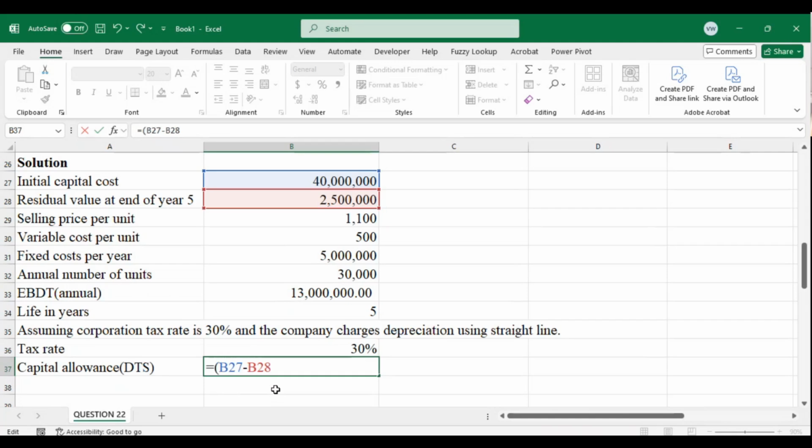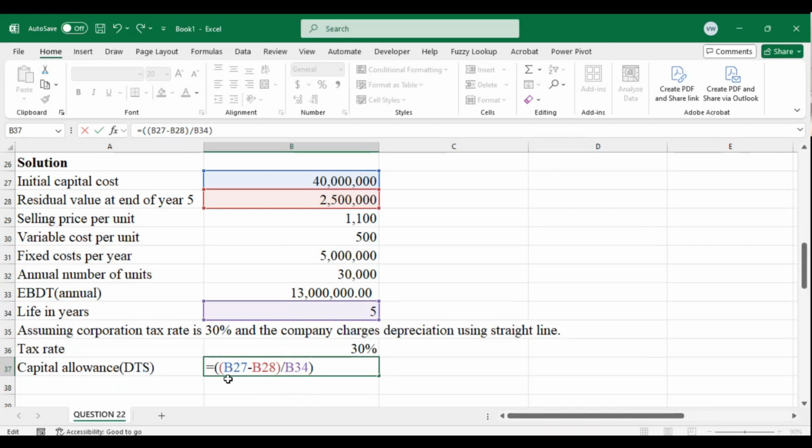So I'll open the bracket and close the bracket, then divide by 5. Whatever is in the bracket, I divide by 5. That will give me the depreciation per annum. But if I want to multiply by the tax rate, I introduce another bracket, open and close.